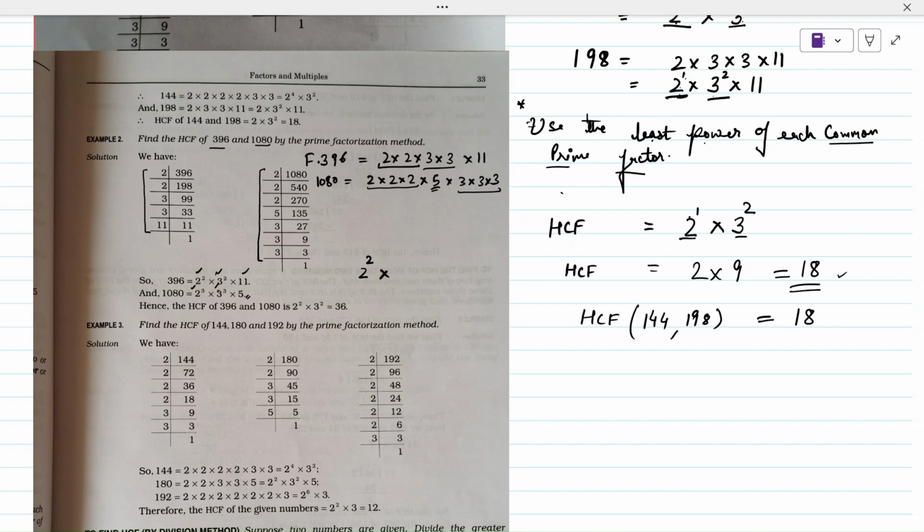What is the least power? 3 raised to the power 2. So we will take 3 raised to the power 2 here. These are the two things which are common. If you solve this, we get 4 into 9, which makes it 36. So this is our answer. Kids, I hope you have understood this. This is called the HCF using the prime factorization method.